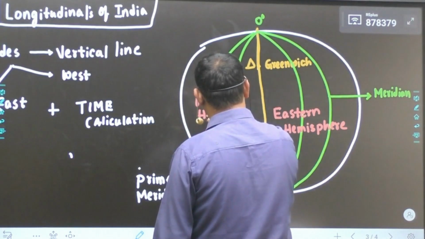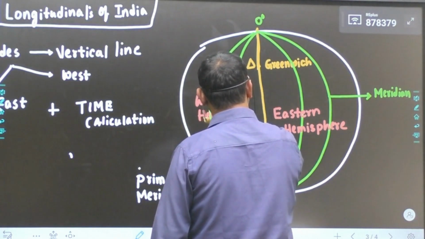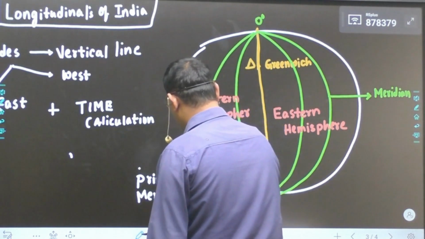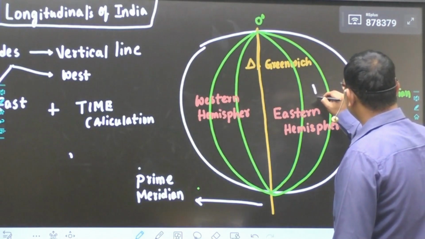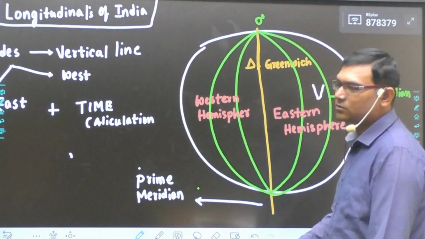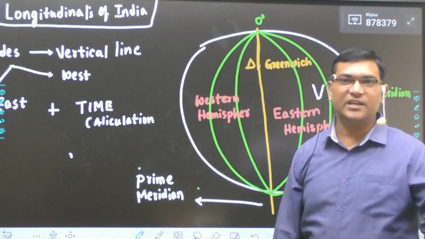Now where does India fall? Can I say India is somewhere here? Yes or no? So India is part of the eastern hemisphere.